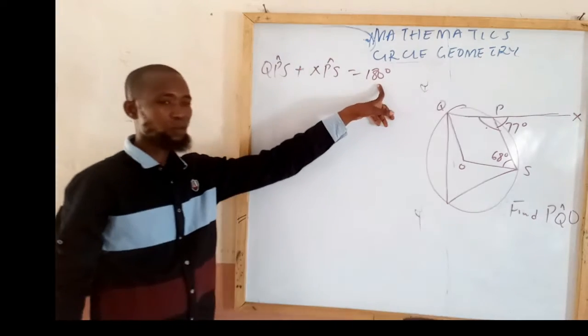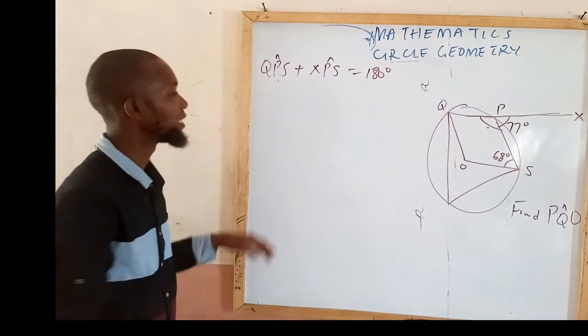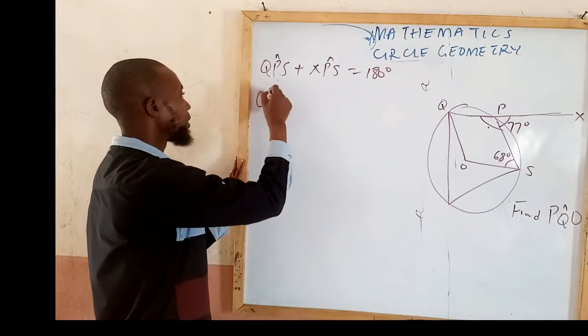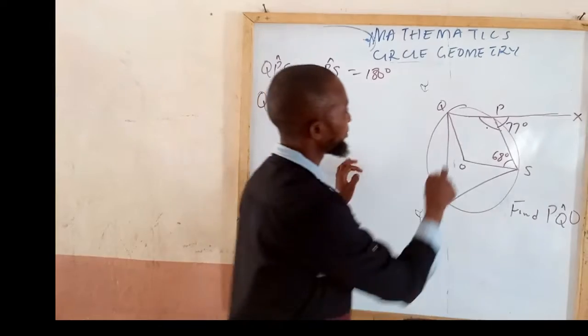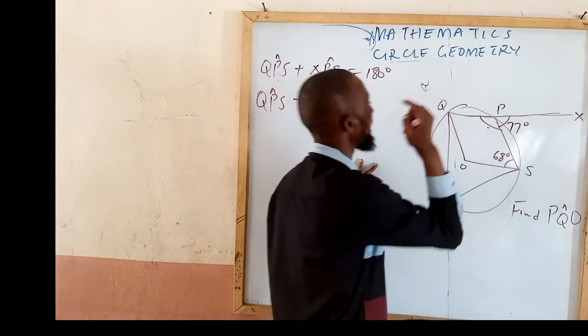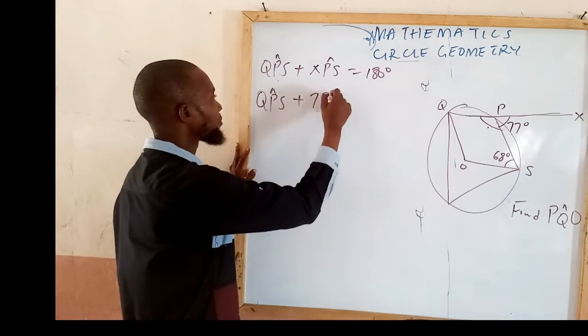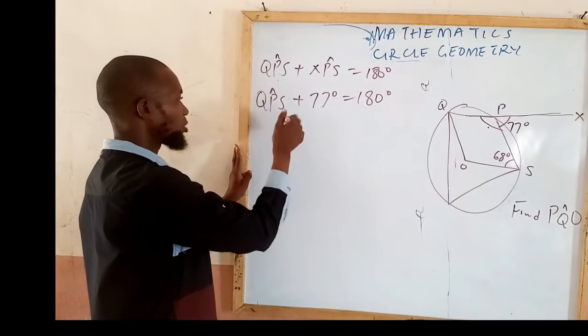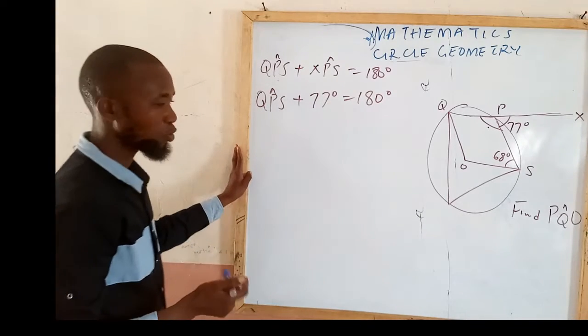The reason is the sum of angles on a straight line is 180 degrees. Since QPS is not given, we write QPS plus XPS, which is 77 degrees, equal to 180 degrees. To get QPS, we collect like terms.